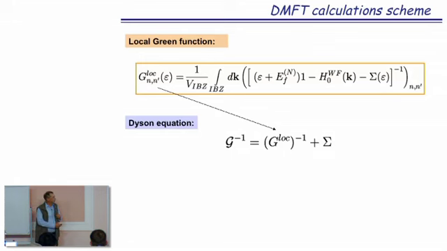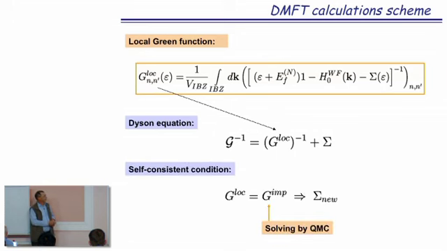And this impurity Green function could be defined as an ion in a bath. And the bath Green function is defined by this Dyson equation. So we know the lattice Green function. We subtract the on-site sigma. So now we have a non-correlated site in an effective medium.